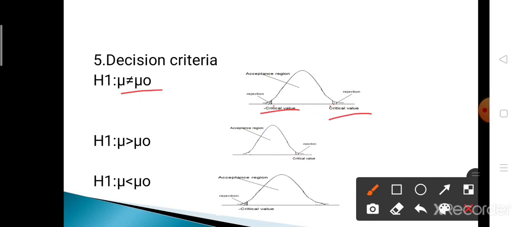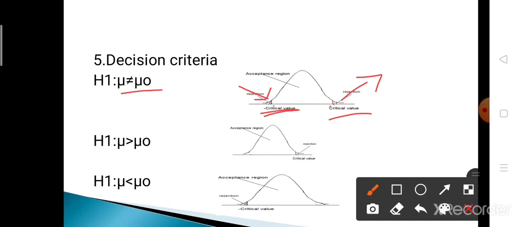If the test statistic value is greater than the positive critical value, then we reject H0. And if the test statistic value is less than minus critical value, then again we reject H0. But if your test statistic value lies between minus table value and plus table value, then we accept H0.